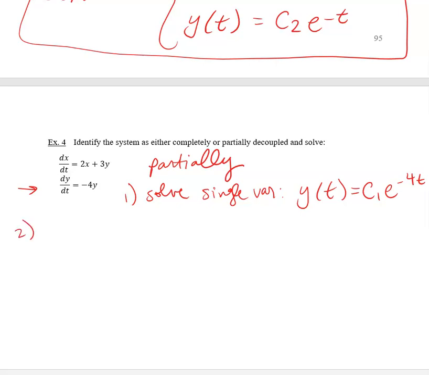Next, let's substitute that into the other equation. So dx/dt then becomes 2x plus 3y, but we just said y was this expression, so 3 times c1 e to the negative 4t.